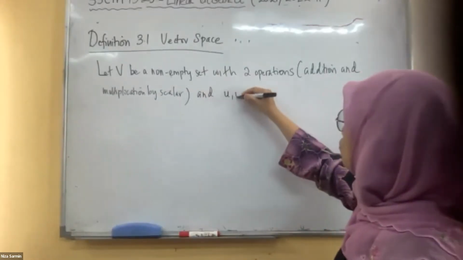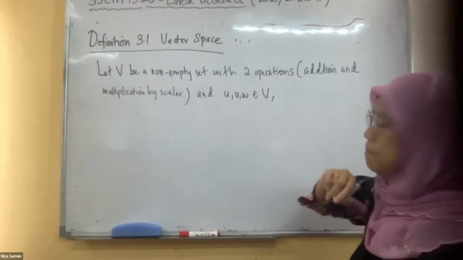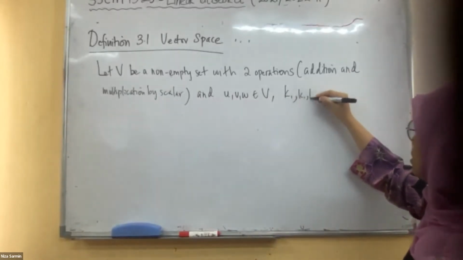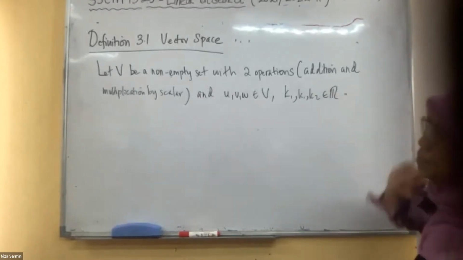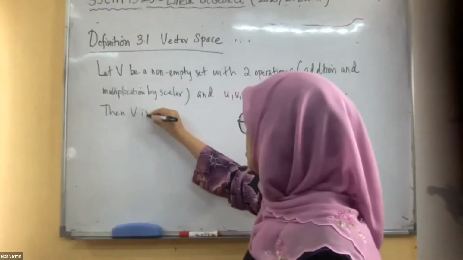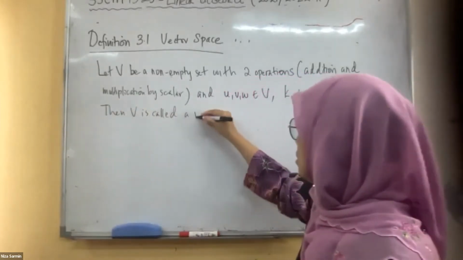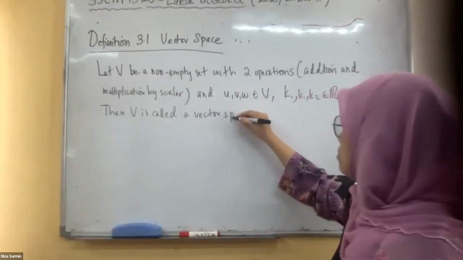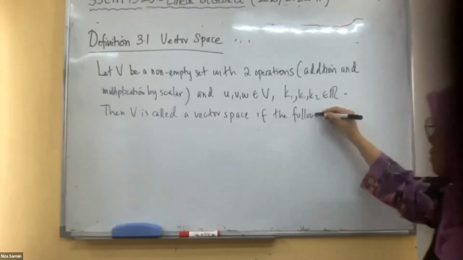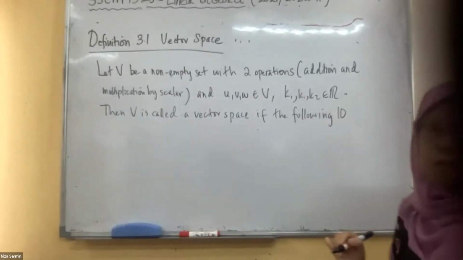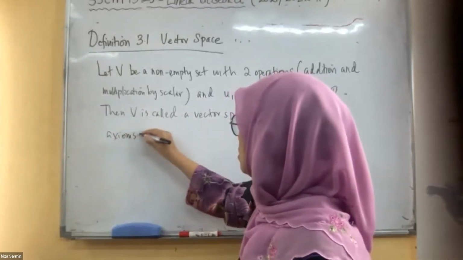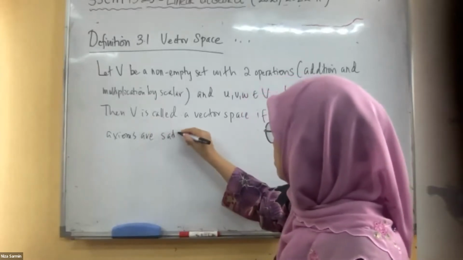And u, v, w in V, k1, k2 in R. Okay, then V is called a vector space if the following 10 axioms are satisfied.